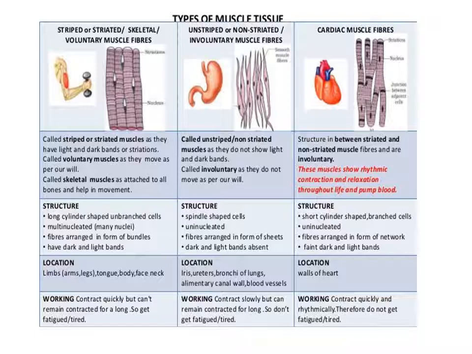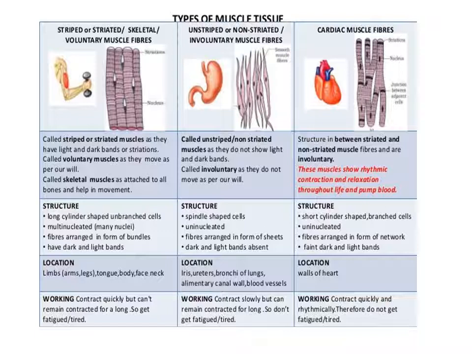See, this is striated muscle, striped or skeletal muscle. They are also called voluntary muscle. Look at the picture or image. They look as if there are certain bands on them. That's why they are called striated or striped muscles.